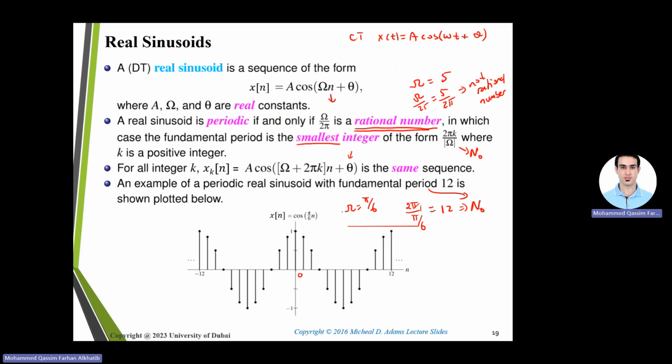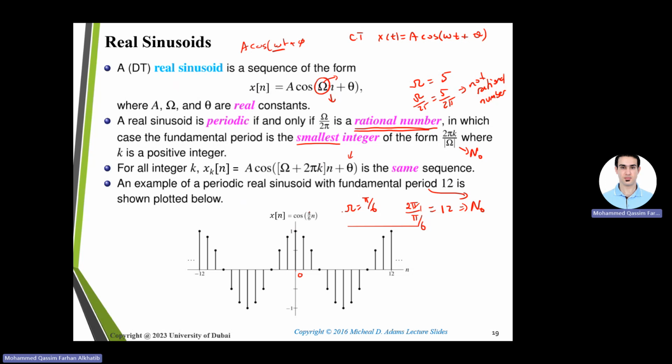All right, so sinusoidals are represented by this expression, A cos(omega n + phi). Now this omega is like what we are used to seeing as cos(omega t + phi), but to differentiate between discrete and continuous, this is for continuous and this is for discrete.